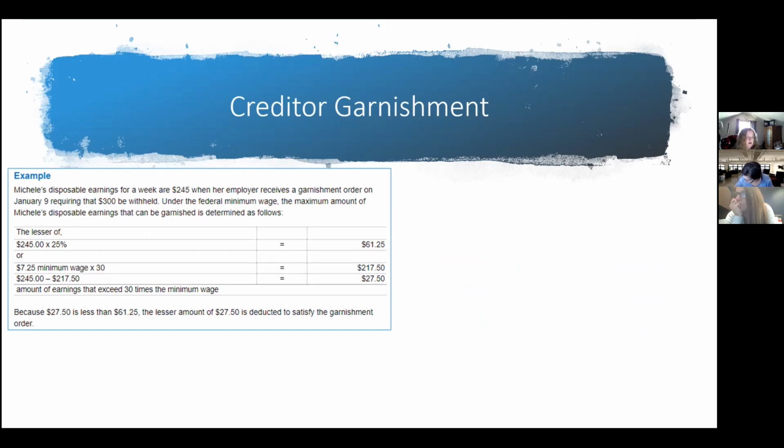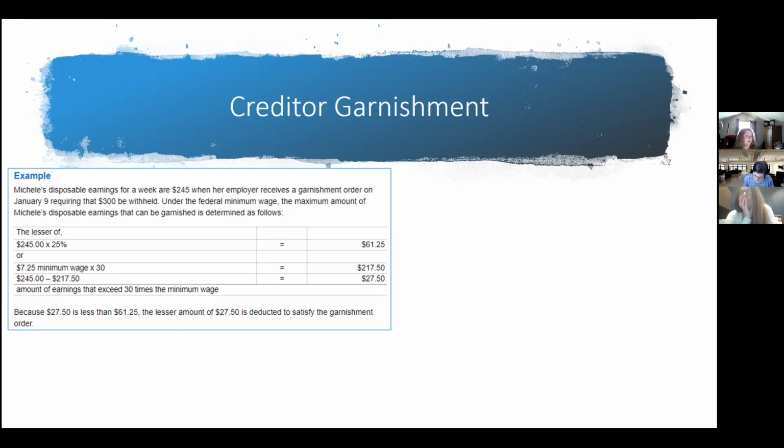So Michelle's disposable earnings for a week are $245 when her employer receives a garnishment order on January 9th, requiring that $300 be withheld. Under federal minimum wage, the maximum amount of Michelle's disposable earnings that can be garnished is determined as follows: 25% of 245 is $61.25, or 30 times the federal minimum wage is $217.50. 245 minus 217.50 is 27.50.